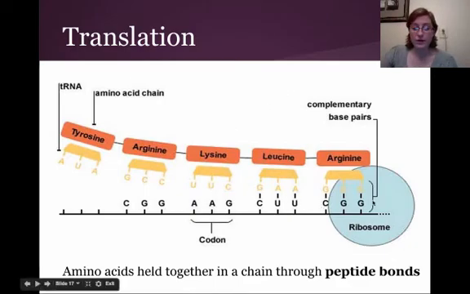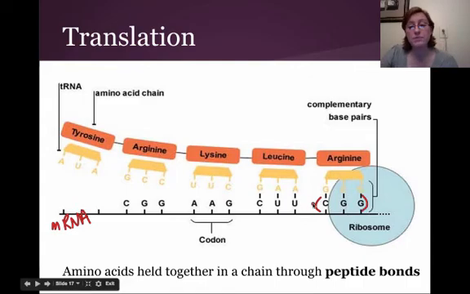So here's what I'm talking about. Down here on the bottom, we've got the black line, and that represents our mRNA. This is our mRNA sequence, and it is being read through the ribosome, and the ribosome reads in groups of 3. So C, G, G. Those are the 3 nucleotides that get read together.